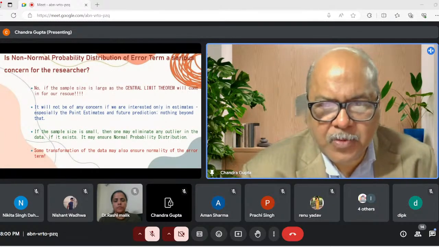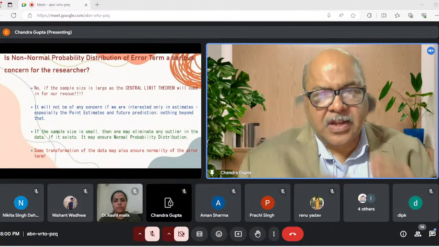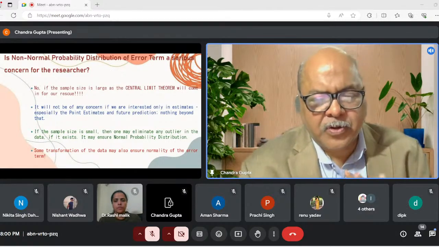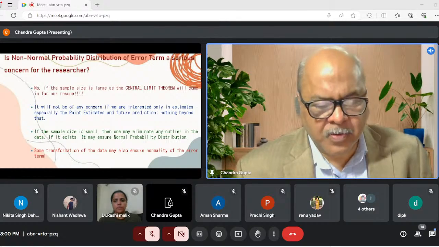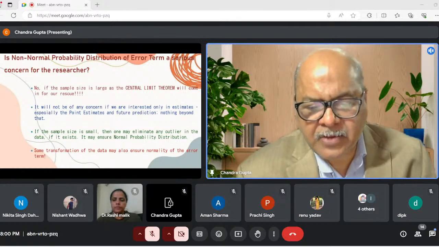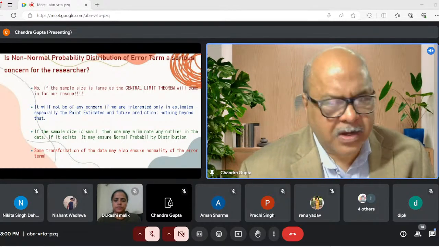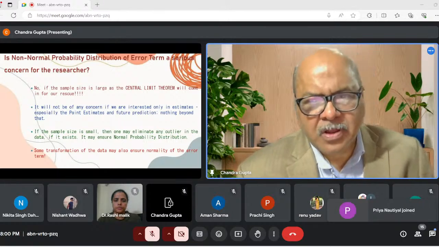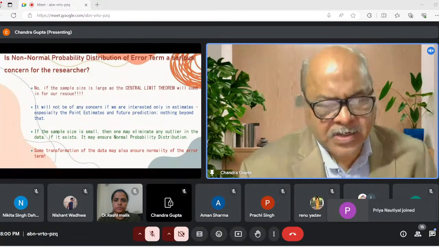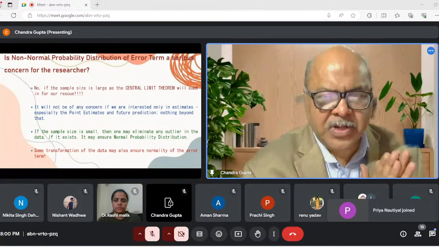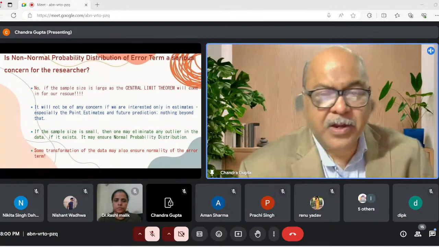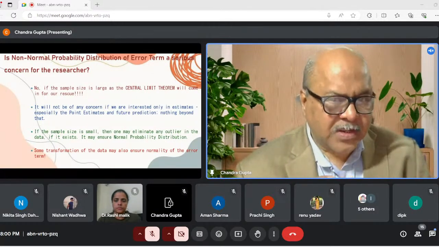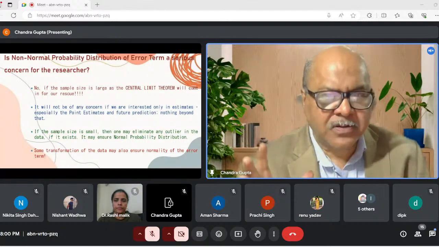If it is not normal, then if your sample size is large, because of the central limit theorem, we will say that our underlying distribution is a normal distribution. And if you're concerned with the point estimation, then it's not a problem. You can go without normality testing, because normality is for hypothesis testing and nothing else. If sample size is small, then it might be possible that the skewness is because of some extreme values.